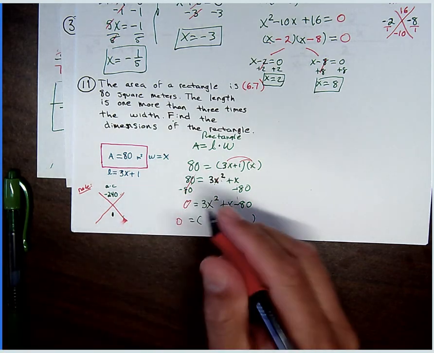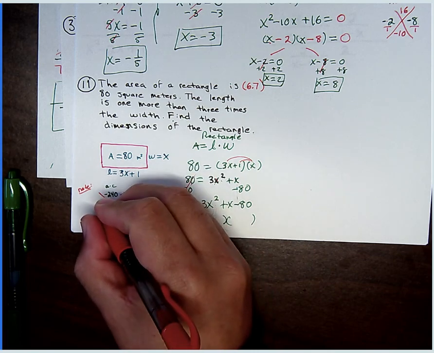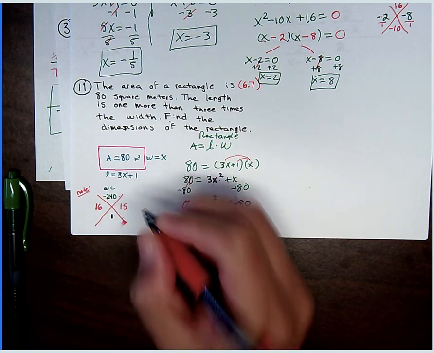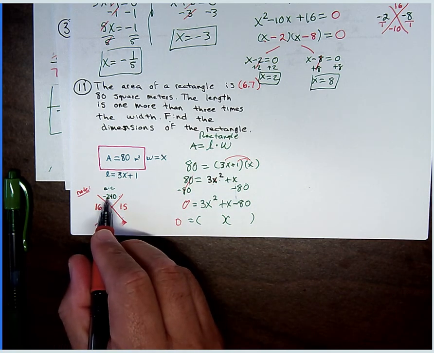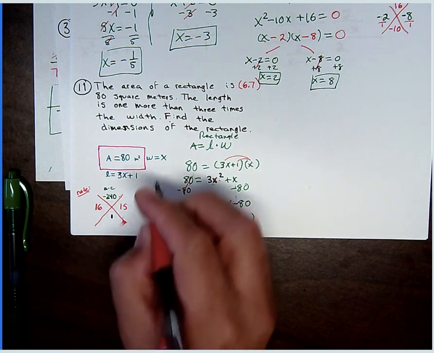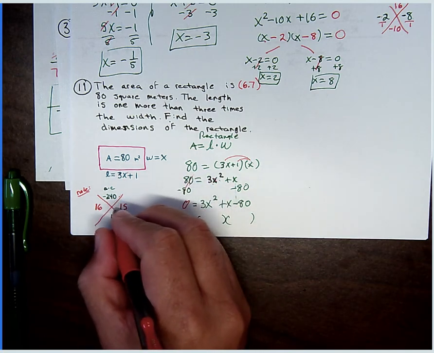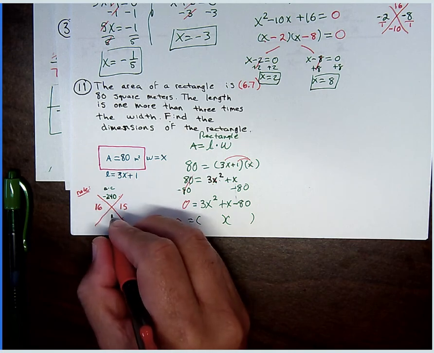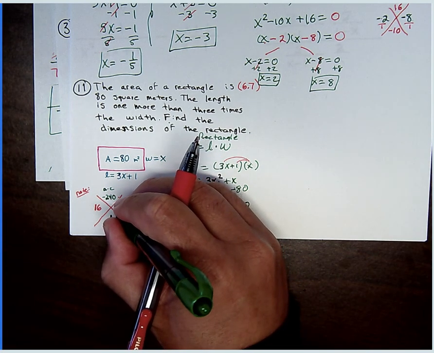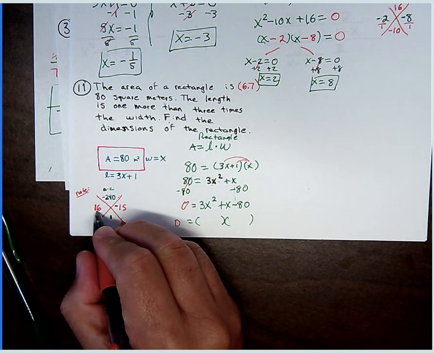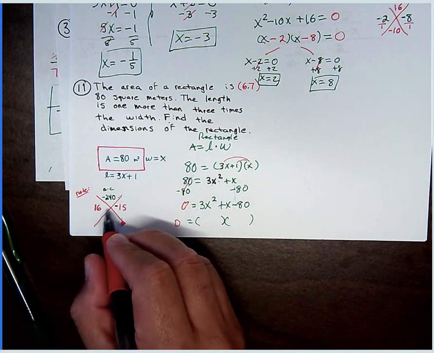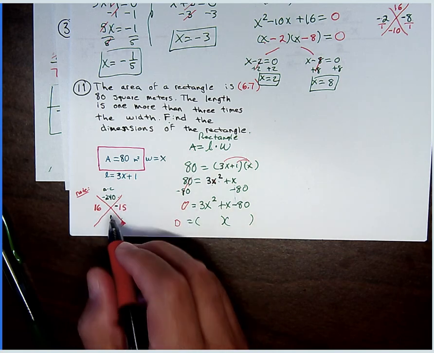So it's 16 times 15, and this is negative, so that means one of them has to be negative because they add to a positive. So if we make that one negative, that wouldn't add to a positive, so this one has to be the negative. So 16 times negative 15 gives you negative 240. 16 plus negative 15 gives you the positive 1.